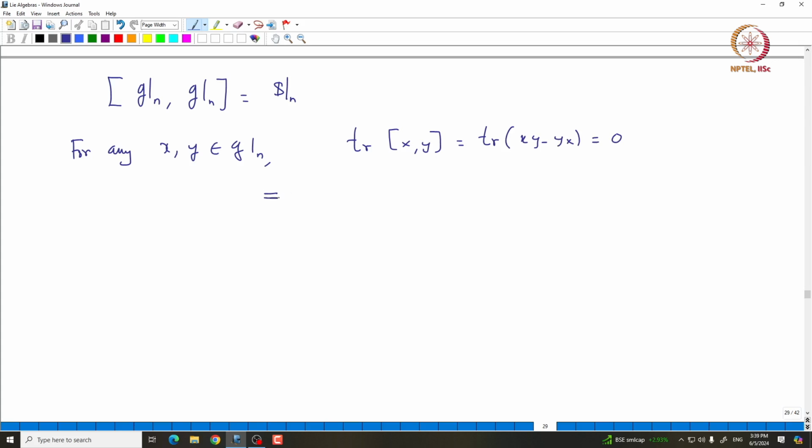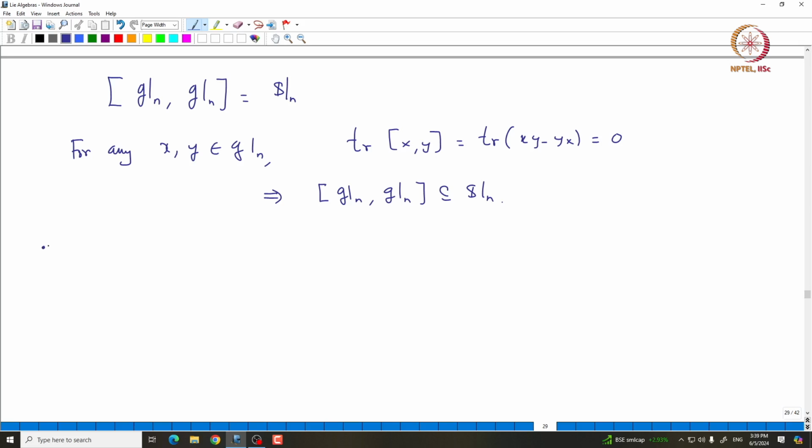So, that implies that the derived algebra of GLN must be contained in SLN, there is no other option. Now, we will show that any element of SLN must be contained in the derived algebra.